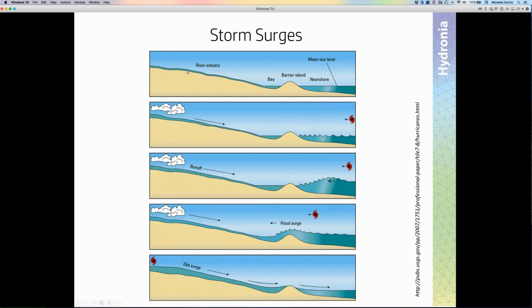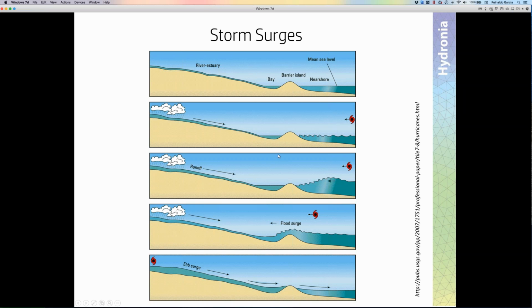Again, you have combinations of factors. You have a river maybe coming into an area. You may have barrier islands. And when you have a storm, that storm creates some pressure on the sea. And in addition to the waves, it elevates the level of the sea.